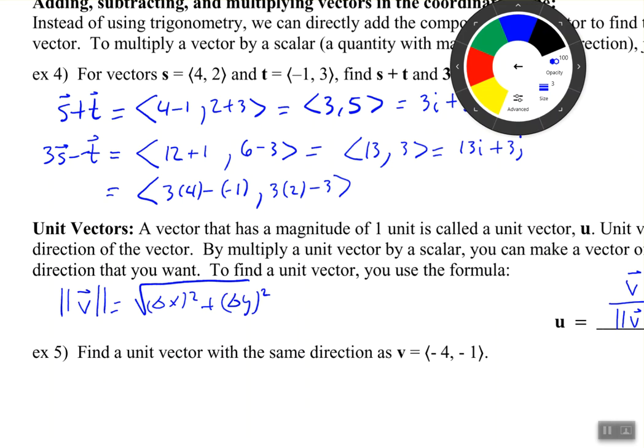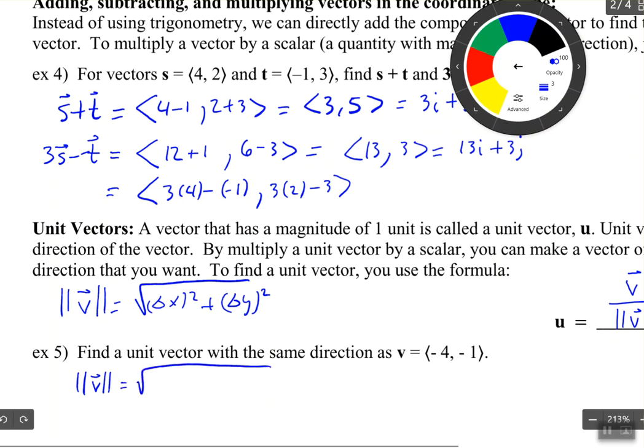So what we do is we find the magnitude first. It's going to be the negative 4 squared plus the negative 1 squared, which means it's the square root of 16 plus 1 equals the square root of 17.